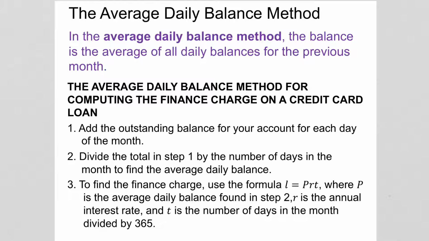Divide the total in step 1 by the number of days in the month to find the average daily balance. To find the finance charge, use the formula I equals PRT, where P is the daily balance found in step 2, R is the rate, and T is the number of days in the month, divided by 365.